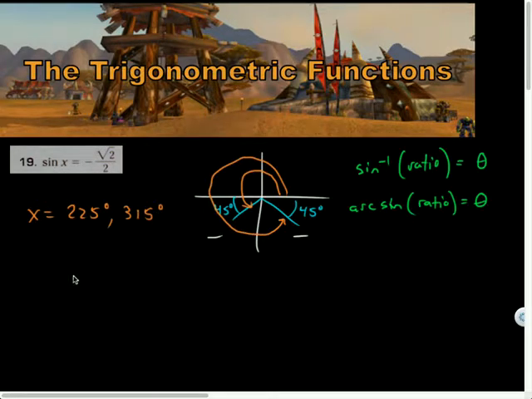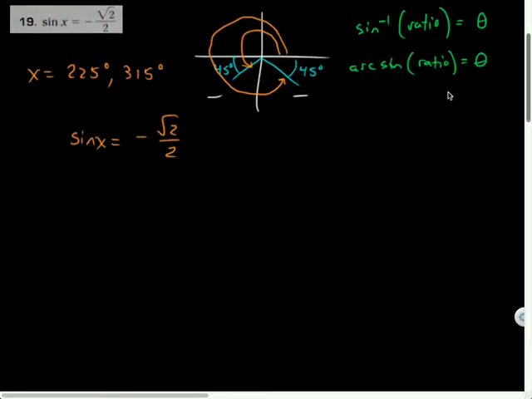Now, if I wanted to solve this more algebraically, I just want to point out that sometimes this can be a little bit tricky to do on a calculator. But to get x by itself, we could sine inverse both sides. And I'm interested to see what our calculator says x is in this case.